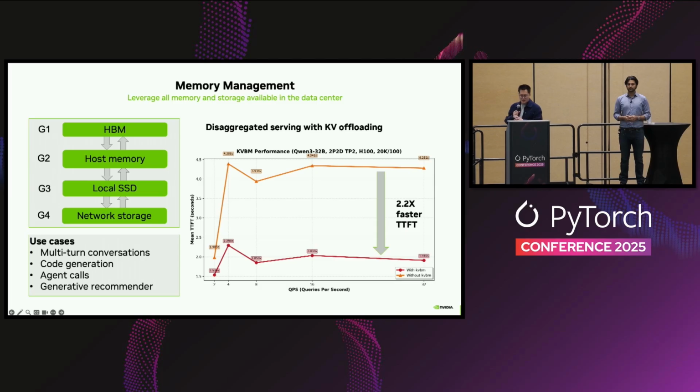As you can see in this example on the right, we achieved 2 times faster time to first token for Qwen3 32B using KV cache offloading, even after applying disaggregated serving. So this opens up an additional avenue for saving total cost of ownership because you can potentially reduce the number of GPUs used for prefill, as pre-computed KV cache can instead be fetched from the KV block manager.